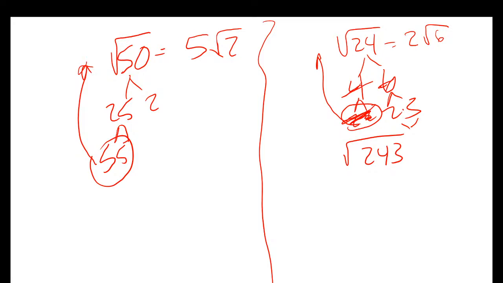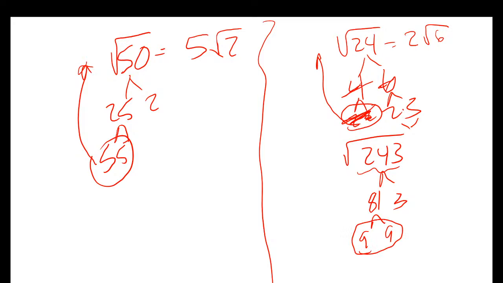Very good. All right. Square root of 243. Tamira, go ahead. Nine square root of 3. Very good. 243 is 81 times 3. 81 is 9 times 9.